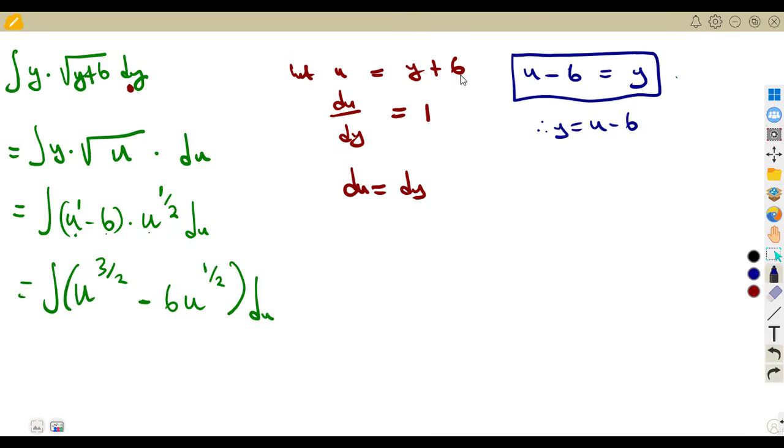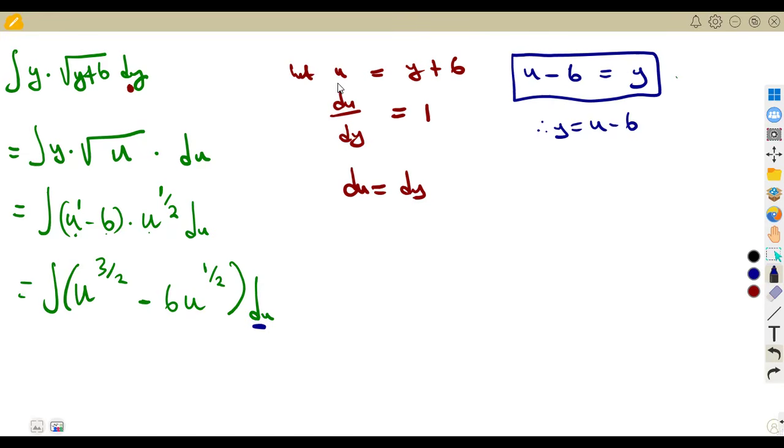Remember, guys, y plus 6 is an expression. u is a single term. It's just u. There is no plus this or minus this. So it means I can take advantage of that and have the limits for u. So where do I have the limits for u?